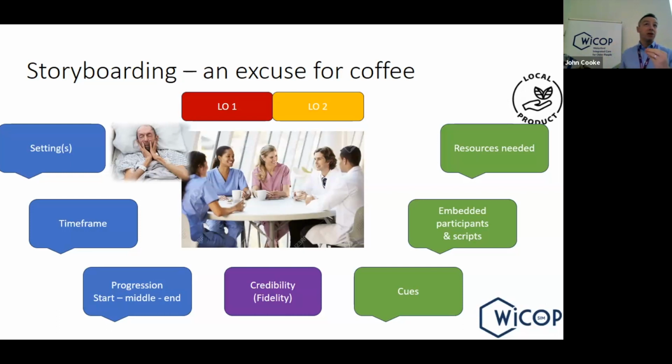So if the learner is really struggling, they can provide them with a cue and remind them, oh, have you thought about asking about this, or have you thought about maybe doing that? With proper preparation and pre-planning, they will know when to come in with those cues. So they won't come in straight away. They won't take the person immediately out of the awkward situation, but they will come in. And it's really important that they're well scripted and that they know in advance what it is they're expected to do.